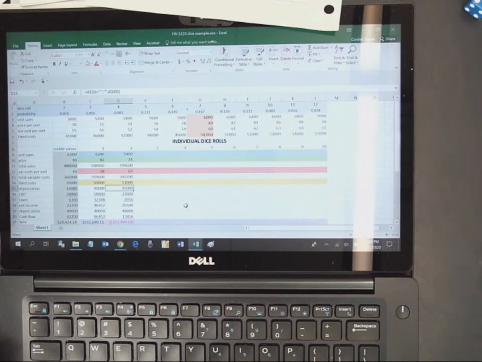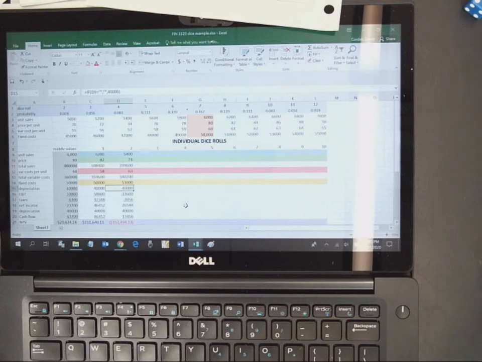But we're going to do this hundreds and even thousands of times. We're not going to use dice. We're going to use a computer, and we're going to set up a probability distribution and a set of values for these different variables, run the simulation, and we're going to end up with a probability distribution of NPVs and IRRs.